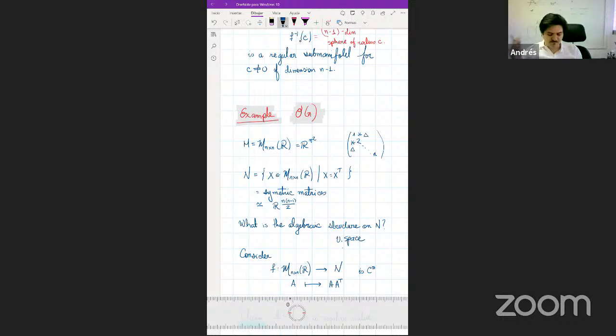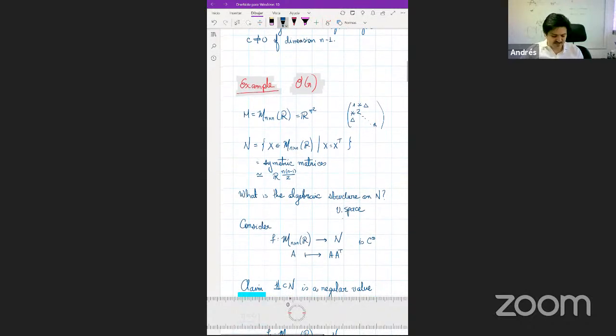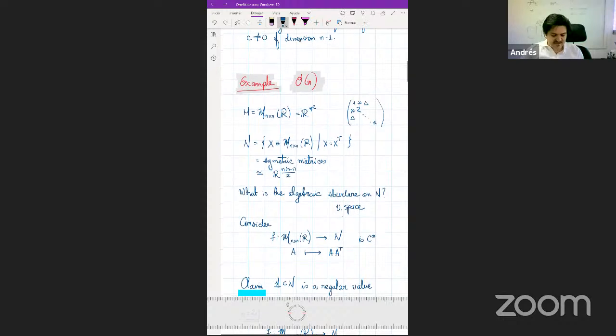You can remember that the matrix multiplication is just a polynomial on the entries. So we have a smooth function between Euclidean spaces. And I claim that the identity matrix is a regular value.